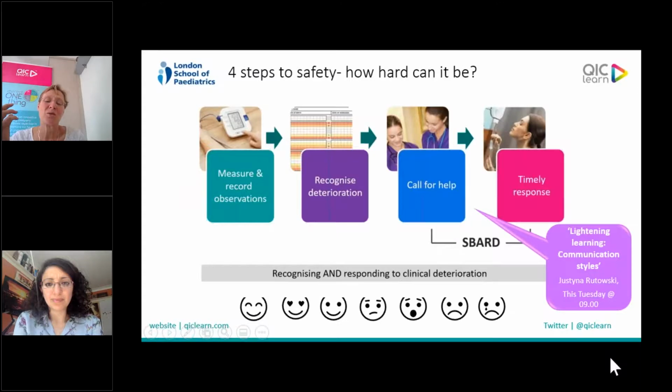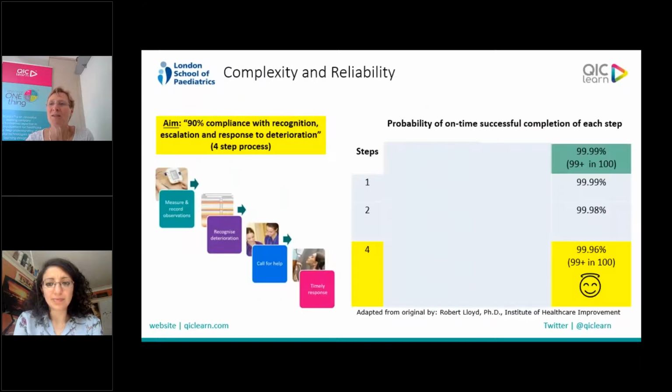Going back to how important this is for looking at safety, there are 4 steps to patient safety around deteriorating children. How hard can it be? I know you're going to hear a lightning-style presentation from Justina about escalation later in the week. But if you look at the science of what happens when you have 4 steps in a process, this is what it looks like.